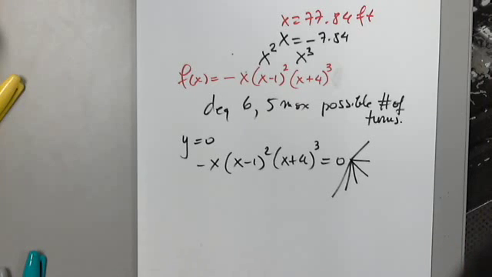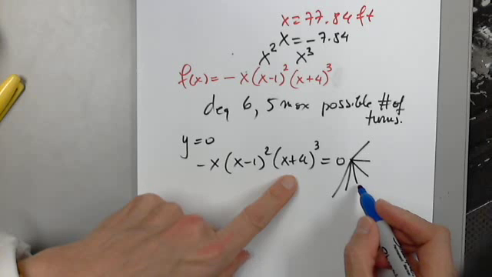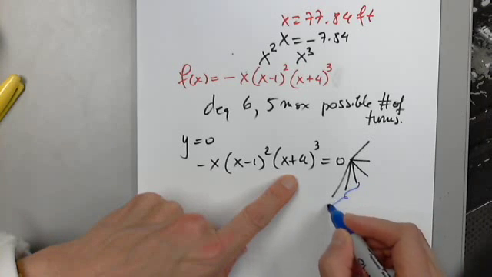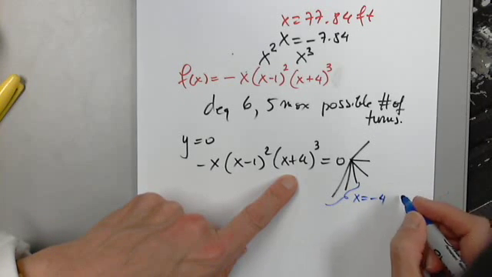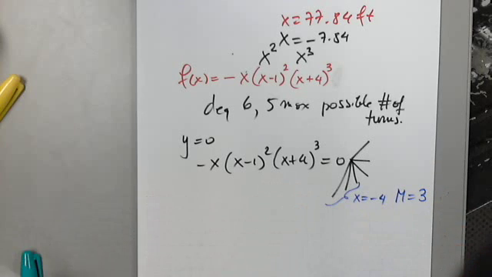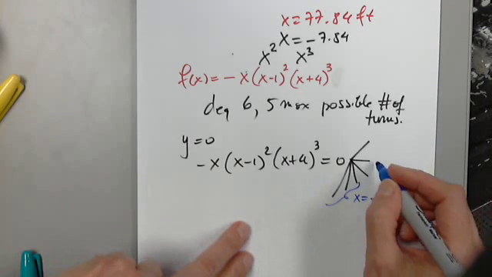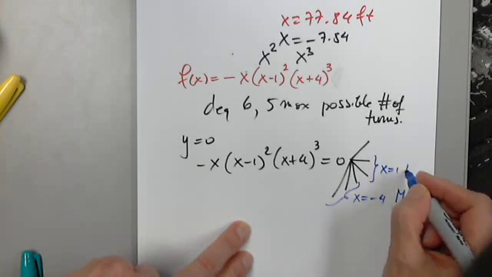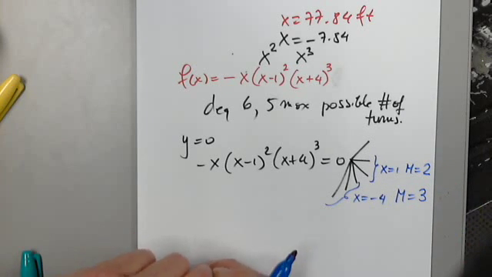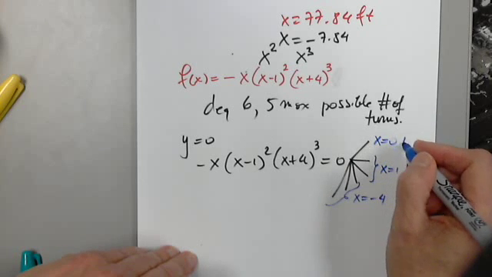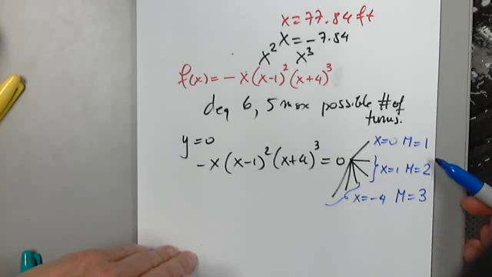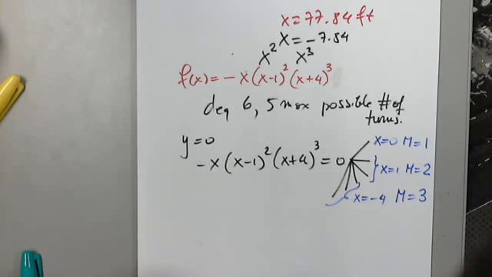So can anyone give us those 6 solutions? Okay, how many times? Very good. x equals negative 4, multiplicity 3. Awesome. x equals 1, multiplicity 2. Awesome. Exactly. Multiplicity 1. Is 1 plus 2 plus 3 equal to 6?